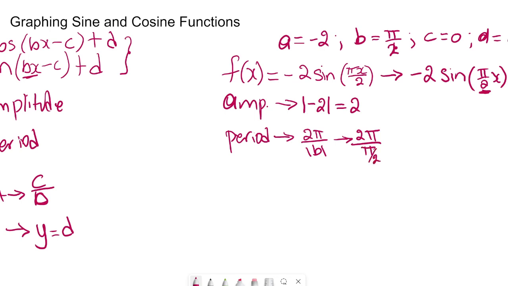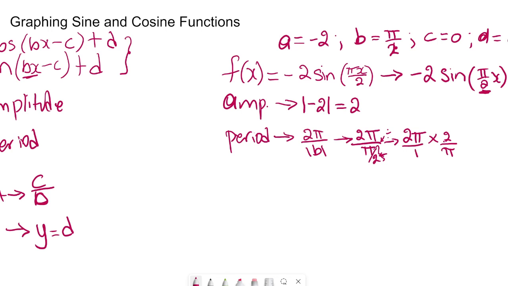If we were to simplify this, remember we're dividing a whole number by a fraction. My students like to say keep, change, flip. You keep your numerator, change the division sign to multiplication, and flip your fraction, which is now 2 divided by pi.